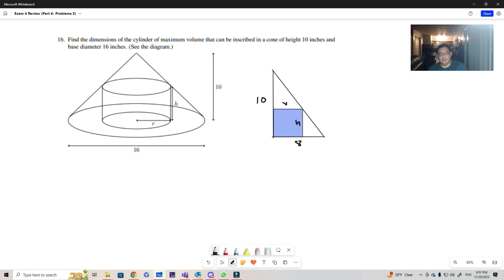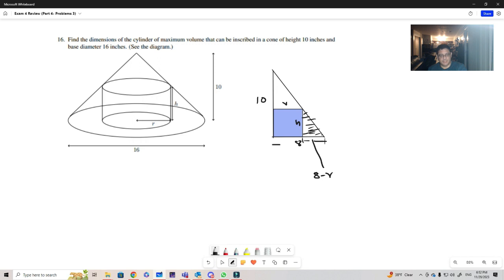Now, however, we don't know how much this piece here is. We can compare the big triangle with the small triangle by similarities. So we want to compare the big triangle with this one here. Now, this base from here to here, of course, measures 8 minus r.